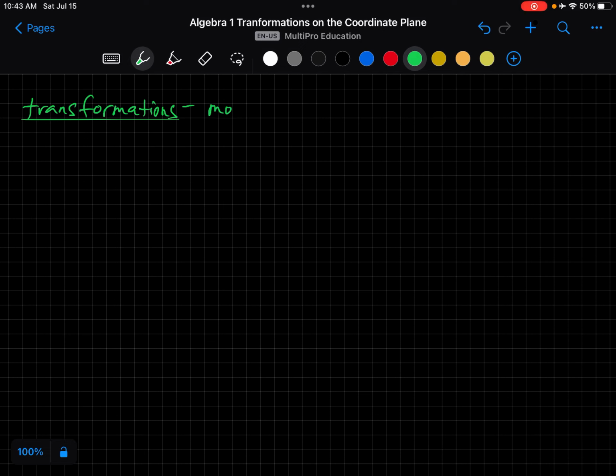So this is movements of geometric figures. Okay. So we're going to be looking at things like triangles and circles and rectangles and parallelograms and all these fancy things, and we're going to be moving them. It's like when we're on the dance floor, we move.